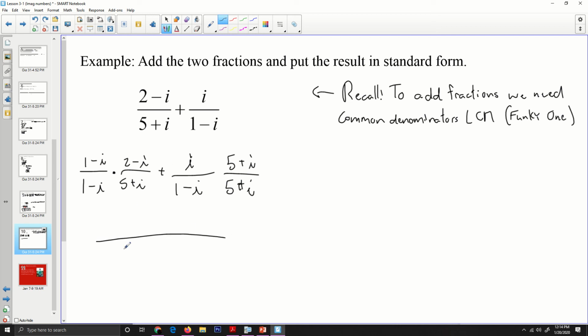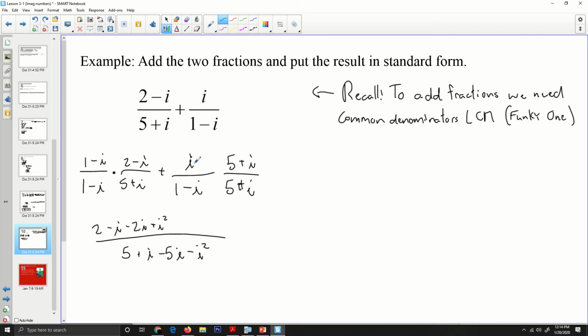That common denominator is going to be, when I multiply it out, 1 times 5 is 5, 1 times i is i, negative i times 5 is negative 5i, and then negative times a positive is negative, i times i is i squared. All right, so now when I multiply these two together, 1 times 2 is 2, 1 times negative i is negative i, negative i times 2 is negative 2i, negative times the negative is positive, i times i is i squared.